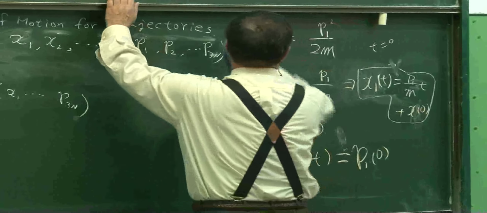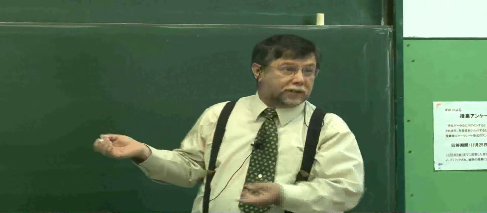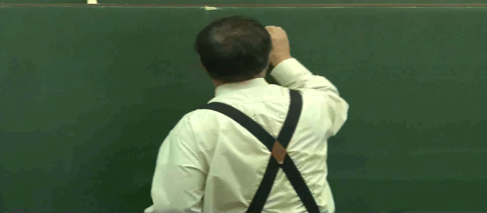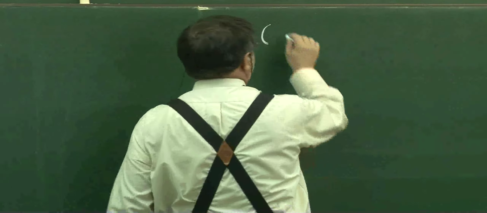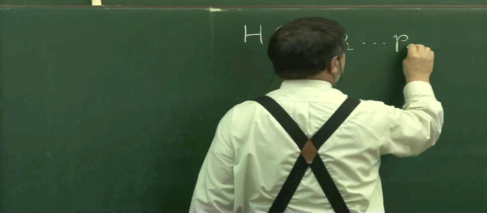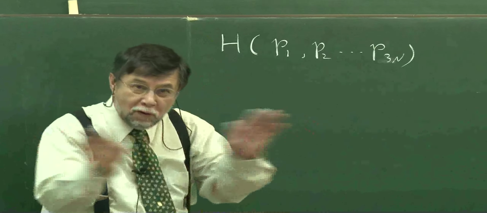But now I go to the next line. No matter how complicated the motion system is, let's consider very, very complicated system. But by chance, our Hamiltonian is only depend on the momentum and no coordinate.